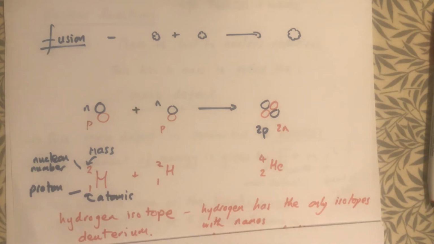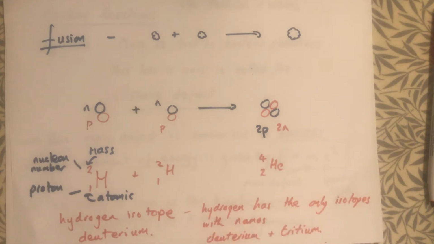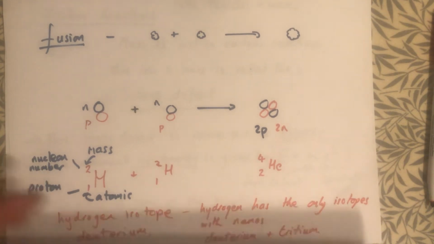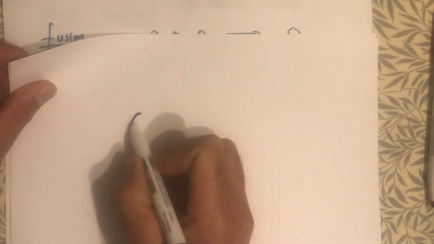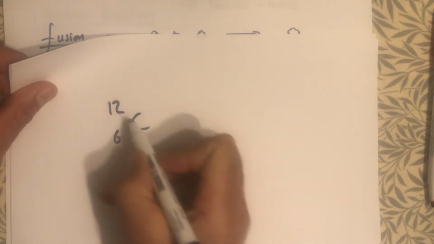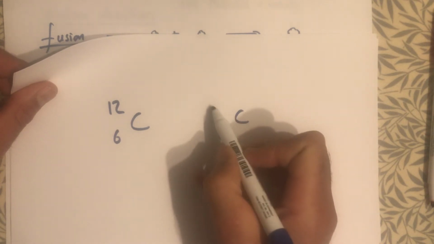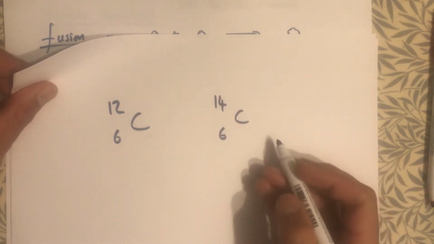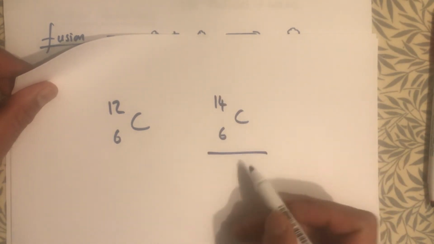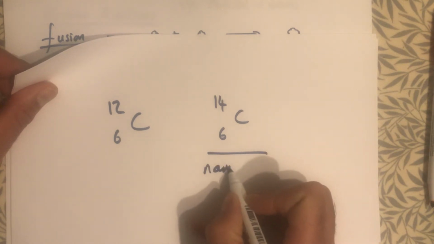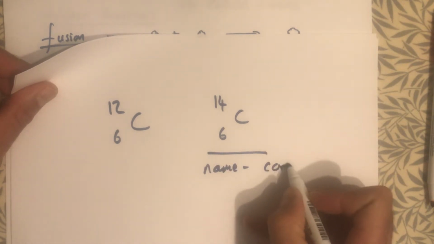So you could have, say, carbon 14, which is famous for dating. Whereas deuterium and tritium have names. If you were talking about carbon, you'd say, I've got my normal carbon 12, but it's also possible to have a carbon 14 isotope, and this doesn't have a name. Its name is carbon 14.